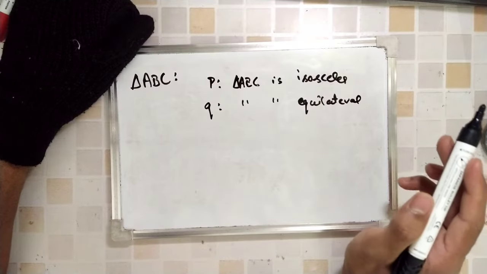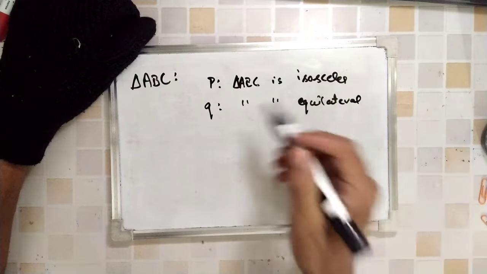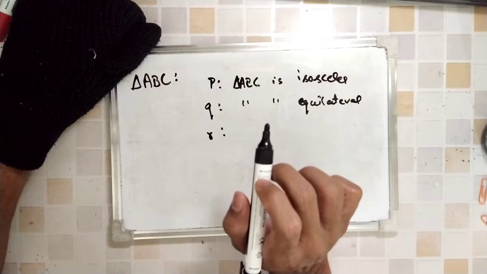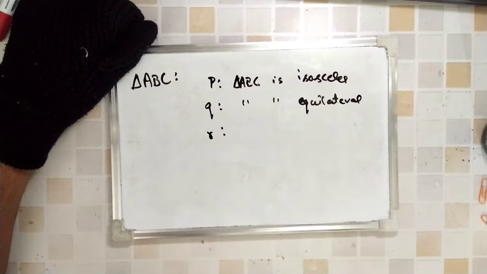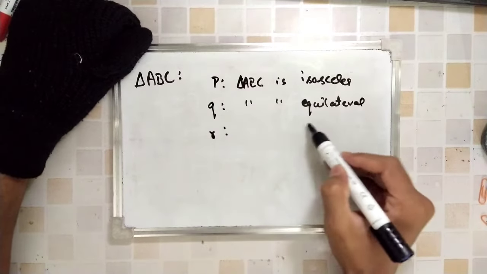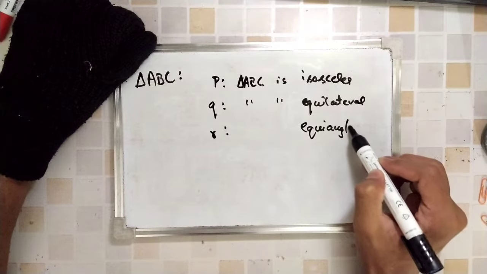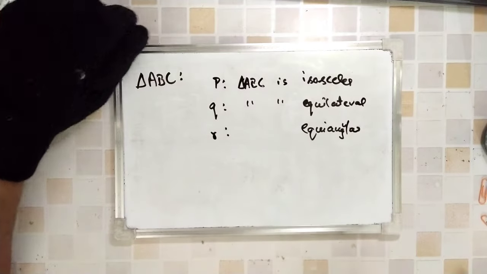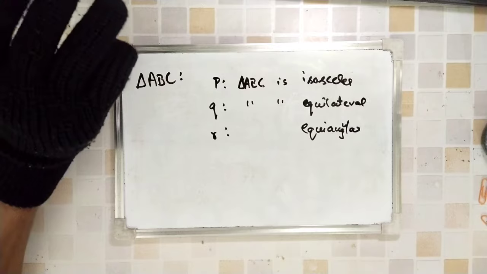And then proposition R: it is also equiangular. Same triangle. It is isosceles, equilateral, and equiangular also.